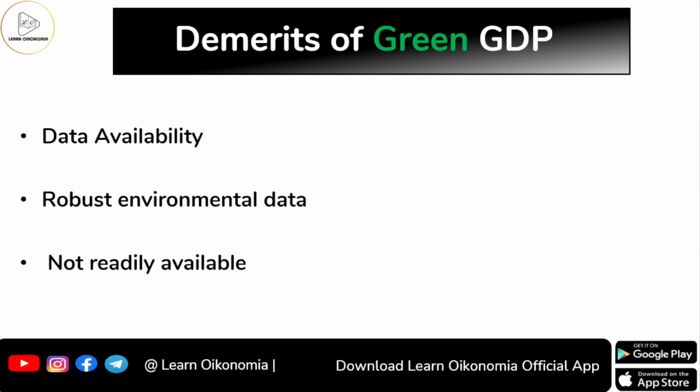What about the data availability? Do you think that every company would be keeping some data on the kind of damage that it is creating on the environment? Do you think that every farmer would be creating some data on the kind of damage he is creating on the environment? No, right? And for the same reason, we do not have proper accurate data. So accurate data is not available.